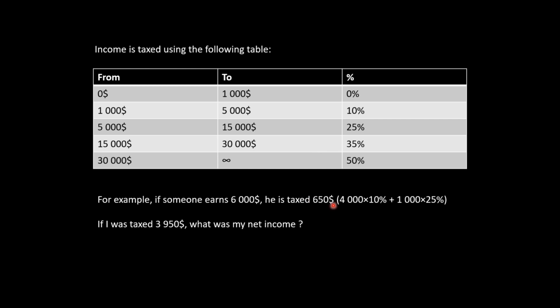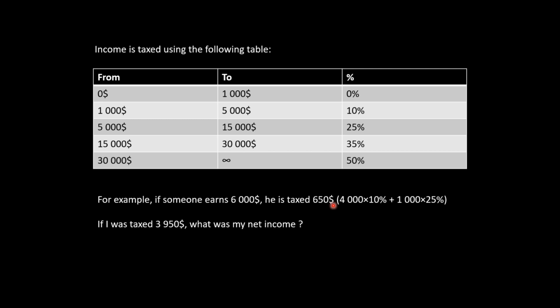Now we know that someone was taxed $3,950 and we want to find the net income. For that, we will need to do some intermediate calculation, and we can't use linear algebra because it's not linear, it's a piecewise function.